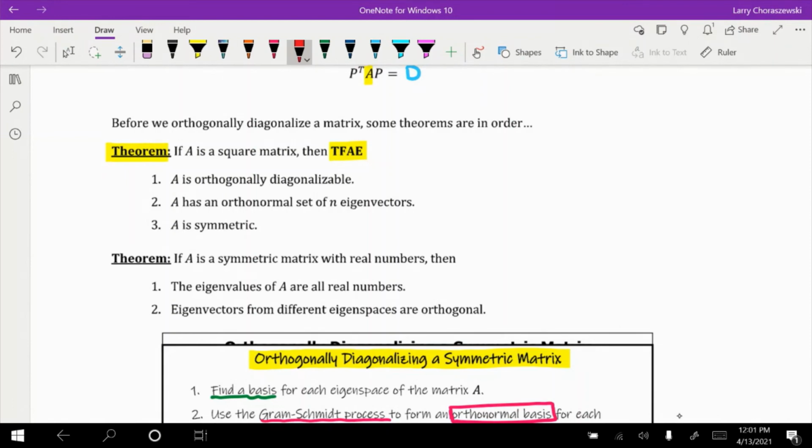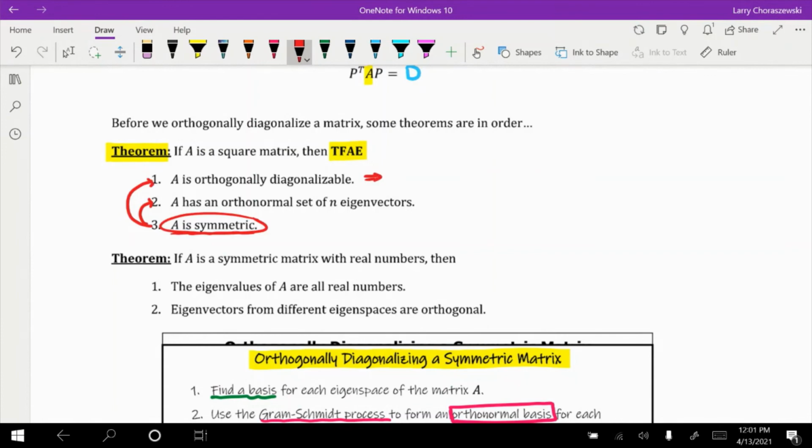The other result is that A is symmetric. And in our example, on page 2, we actually started out with A being symmetric. So that means that we should have an orthonormal set of n eigenvectors, and A should be orthogonally diagonalizable.